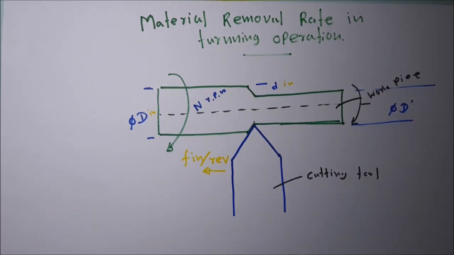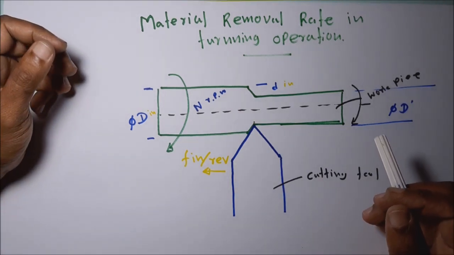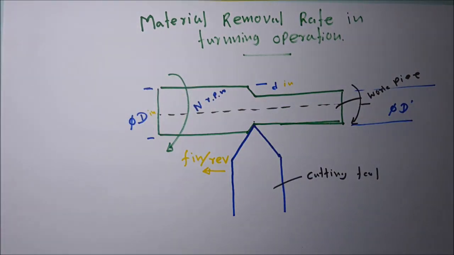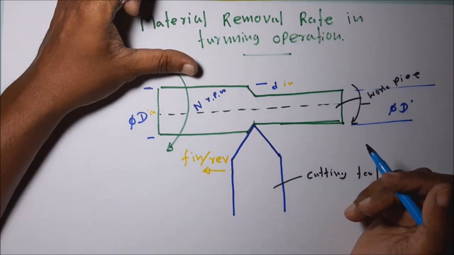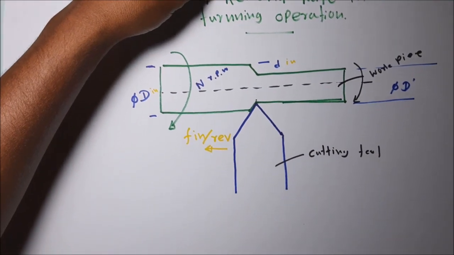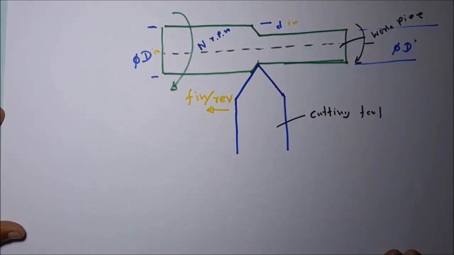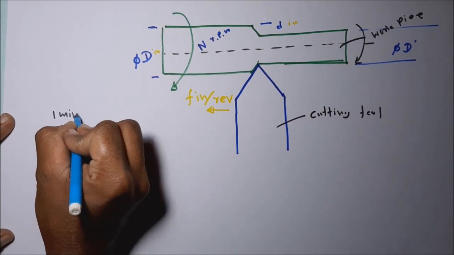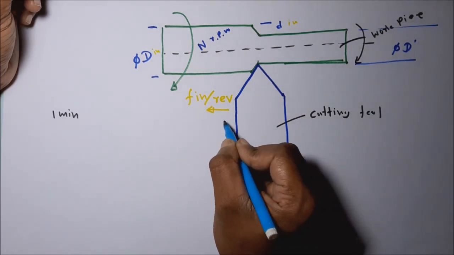Then in this operation we are going to calculate the material removal rate. Same as before, we are going to consider a 1 minute period. In 1 minute, what is the tool travel?